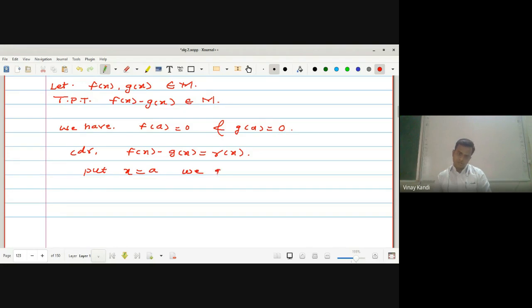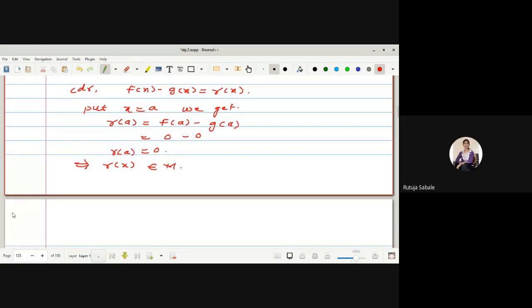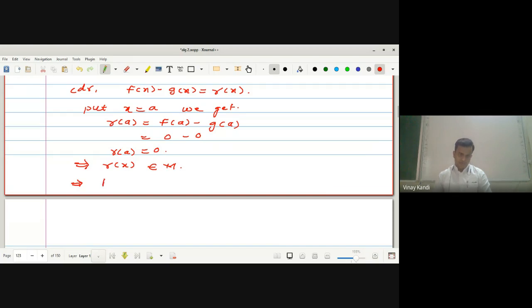We get r of a is equal to f of a minus g of a, which is 0 minus 0, which is equal to 0. So this implies r of a is equal to 0 and this implies r of x belongs to capital M. Okay, any doubt? No, sir. So this implies f of x minus g of x belongs to capital M.